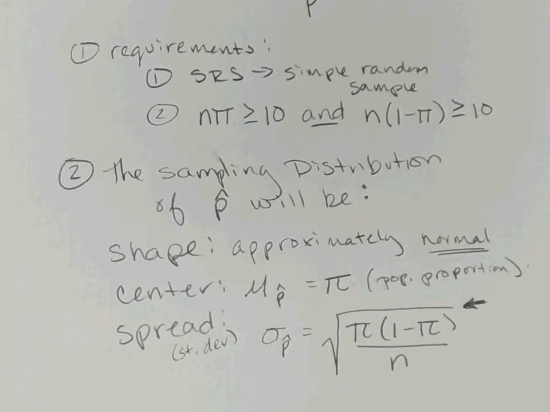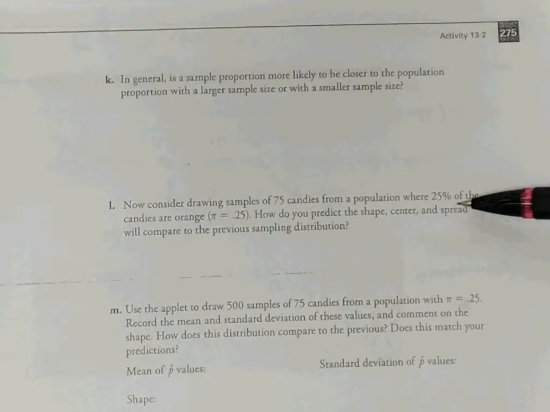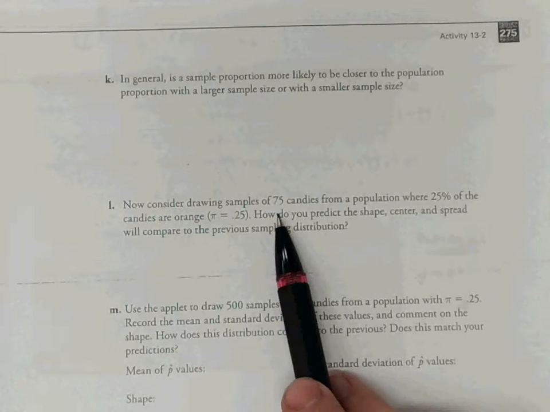The next piece is, what do you think is going to happen if we have a population where the population proportion is 25%? So based off of that central limit theorem, how do you think it's going to change if your sample size is still 75?